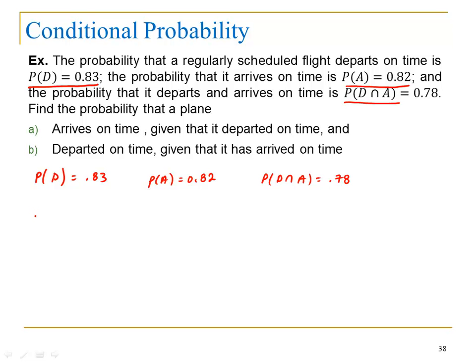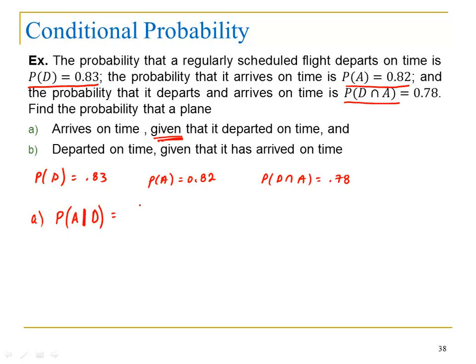The first item, probability that it arrives on time, this word right here is very important. Given that it departed on time, we need to find that probability. So the notation that we use is the probability. This line right here means given. What is the event that is given? Departed on time. So given that it departed on time, we want to find the probability that it arrives on time.